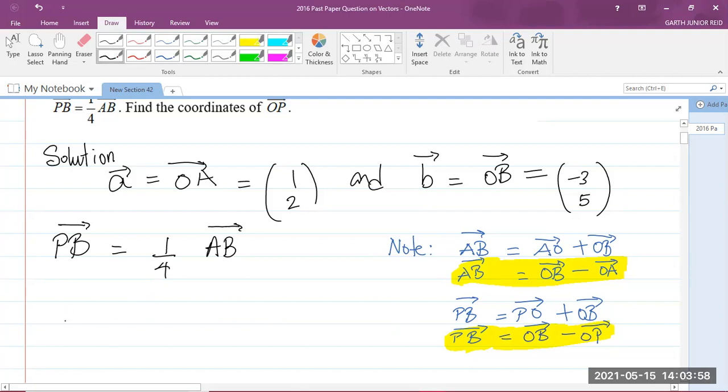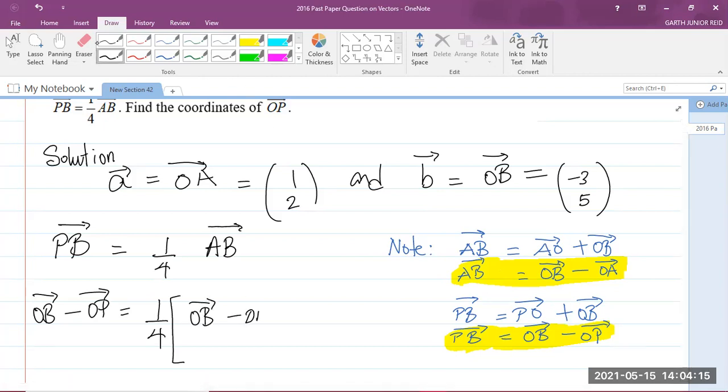So vector PB is equal to vector OB minus the vector OP. And that is equal to 1 over 4 multiplied by the vector AB, which we know is vector OB minus the vector OA. That is what we have.